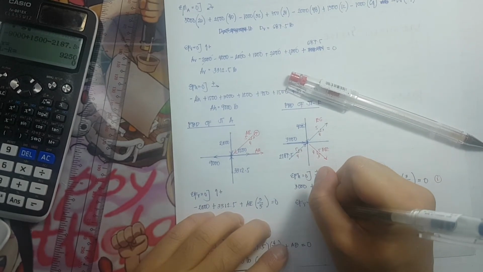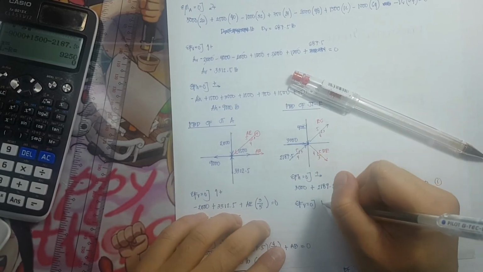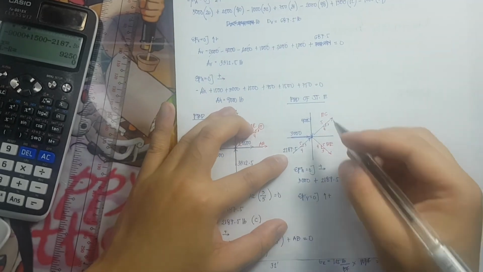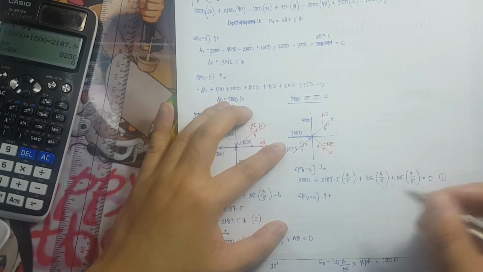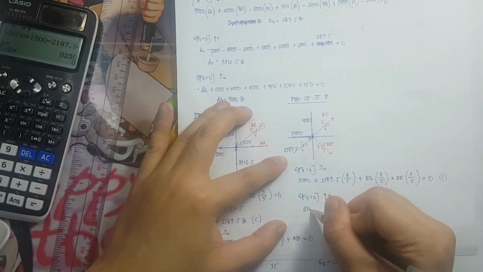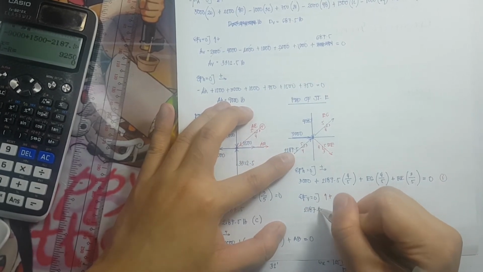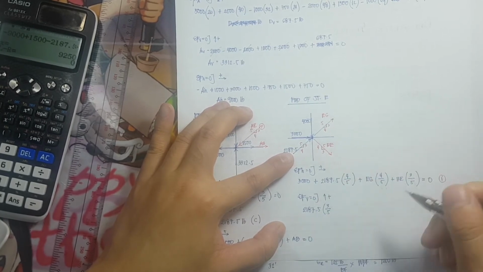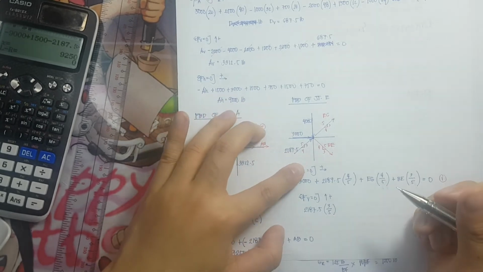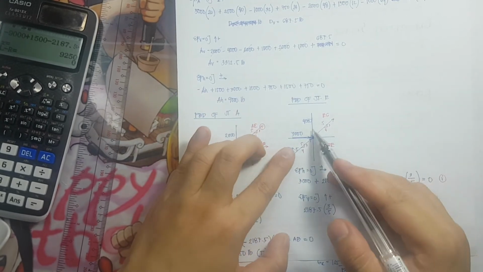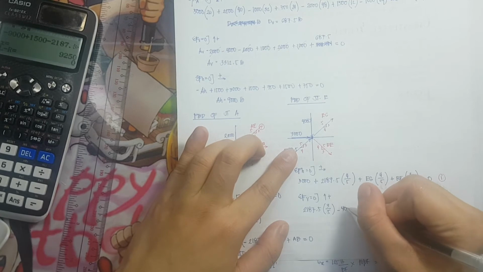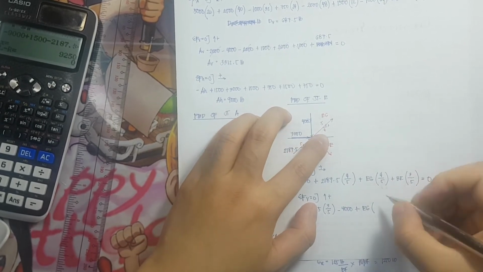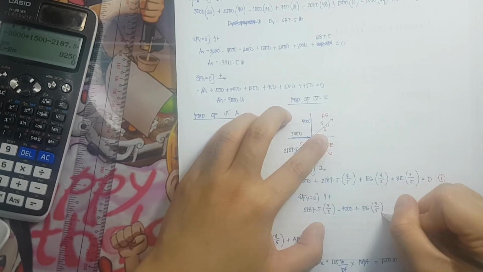summation of forces vertical is equivalent to 0. All forces that are pointing upward should be positive. So we have 2,187.5 times the vertical component, which is 3 over 5. Then we have minus 4,000 plus EG times the vertical component of 3 over 5.